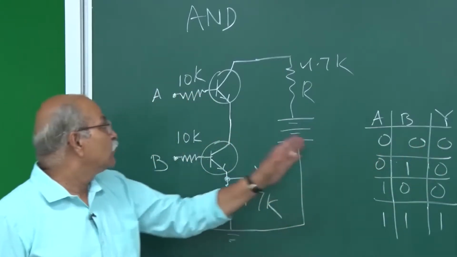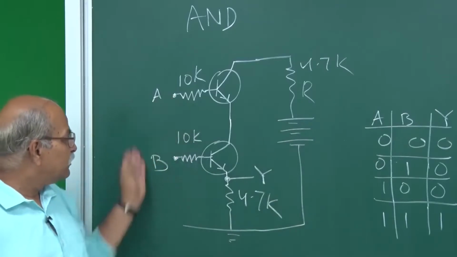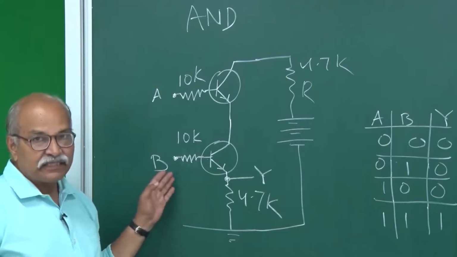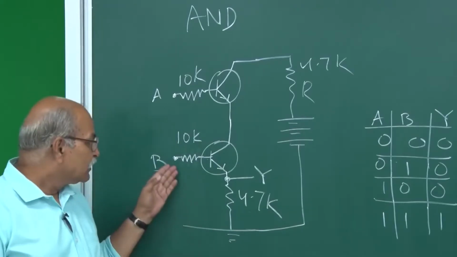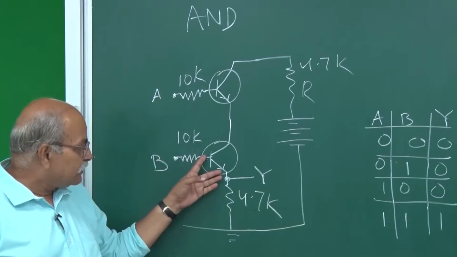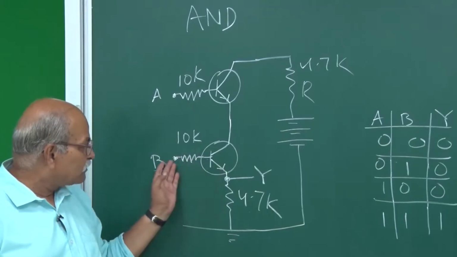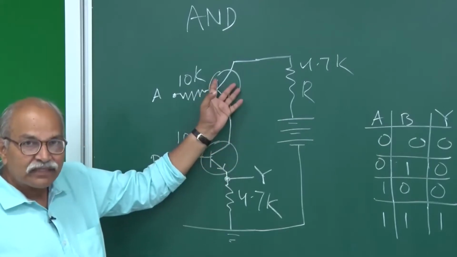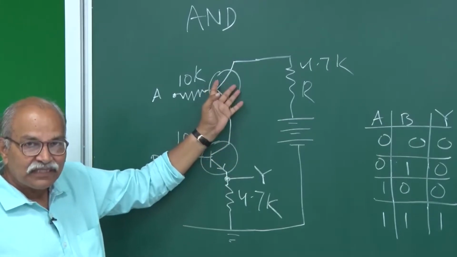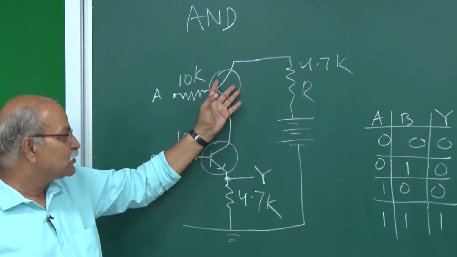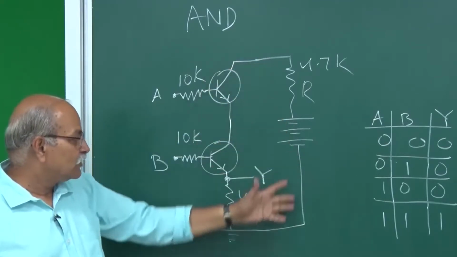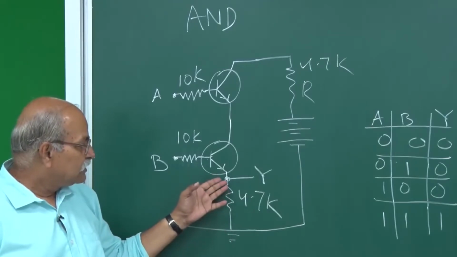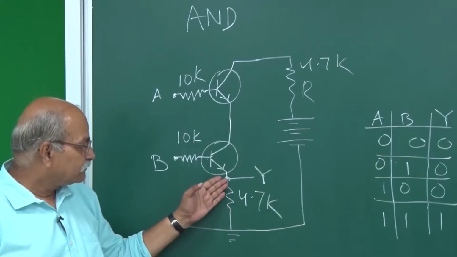What about A is 0, this is grounded, but then B is 1, here you are giving high voltage. So, this transistor is in conducting mode because of this biasing, but the current cannot go because the current will be blocked here, this is in cutoff mode, and ultimately the same story, no current goes through anywhere, and then you have the same 0 output here.